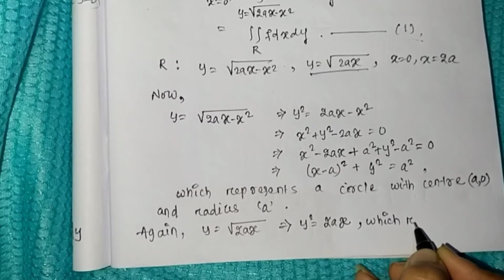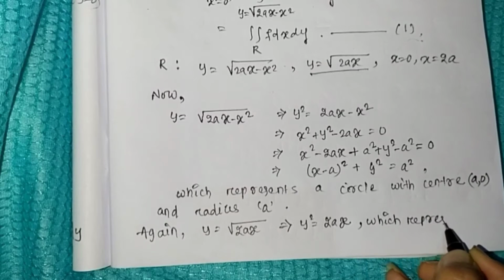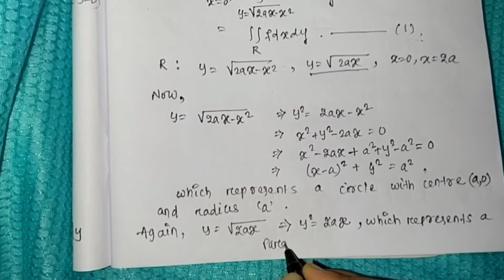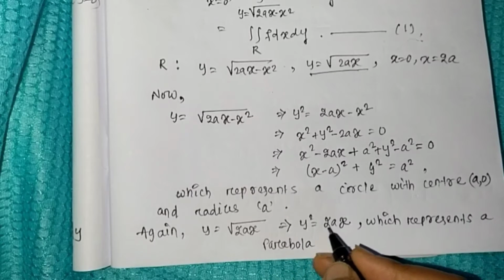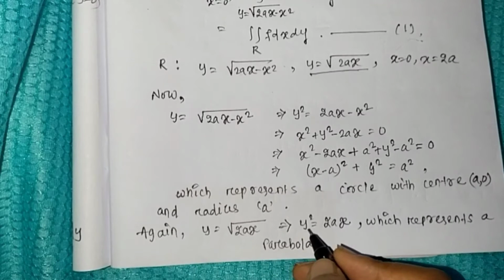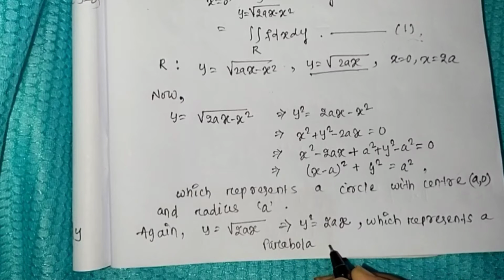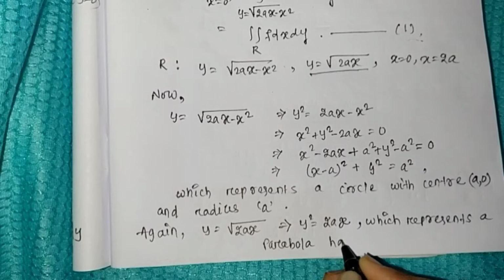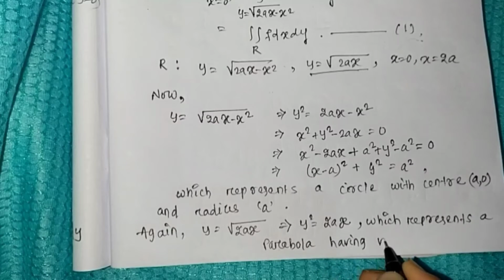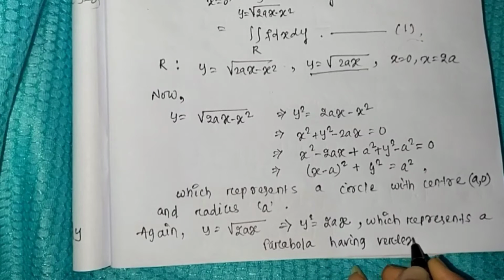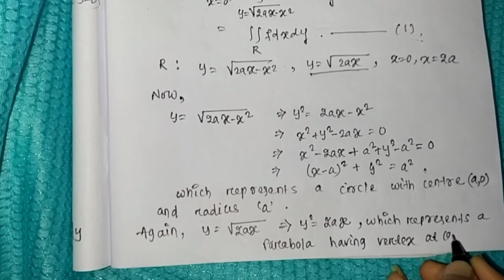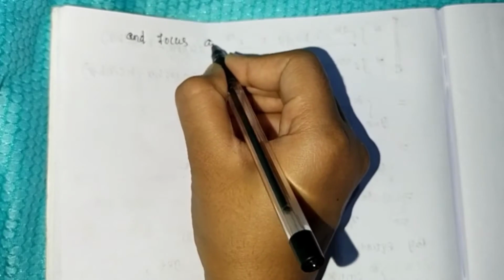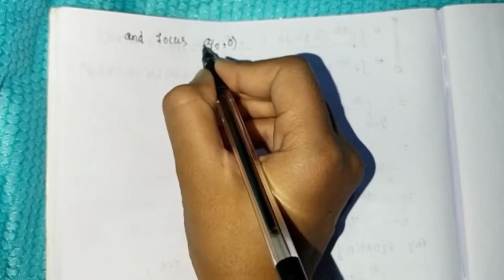Which represents a parabola whose vertex is 0, 0, that is y minus 0 whole square equal to 2a times x minus 0, a parabola having vertex at 0, 0, and focus at a by 2, 0.